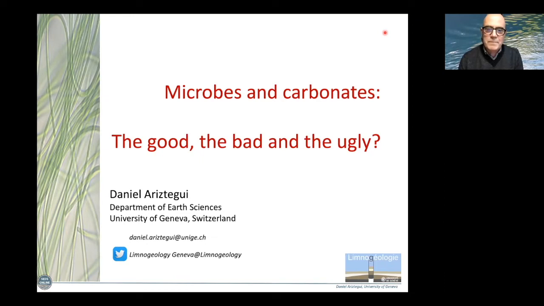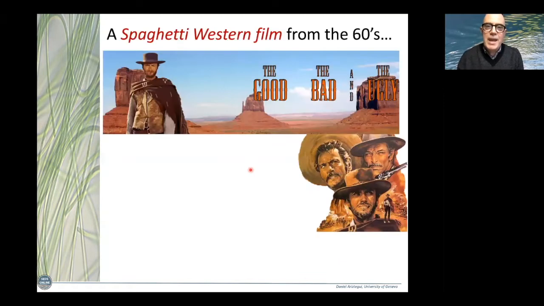And before going into the talk, I see that in the audience there is a lot of young people, so perhaps I need to give a little explanation about the title. Back in the 60s, there were a series of movies that were called the spaghetti western films because most of them were done in Italy and some of them in Spain.